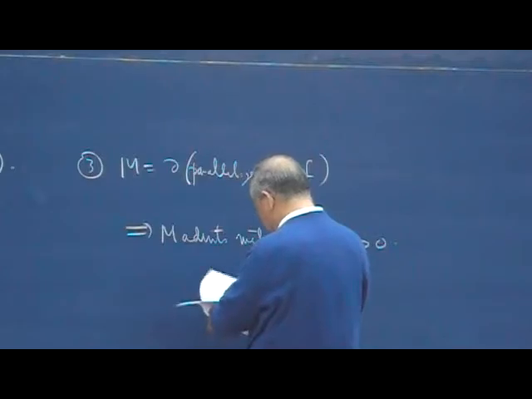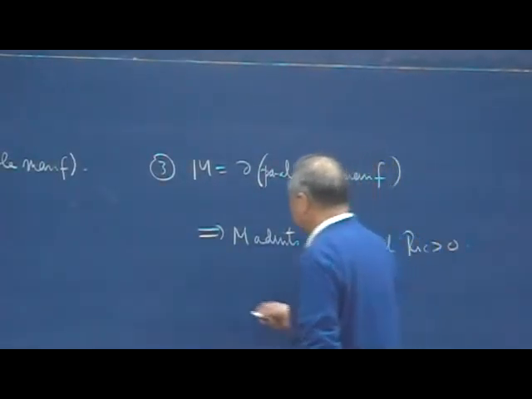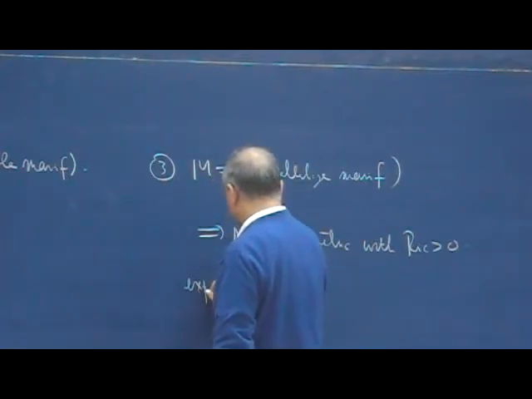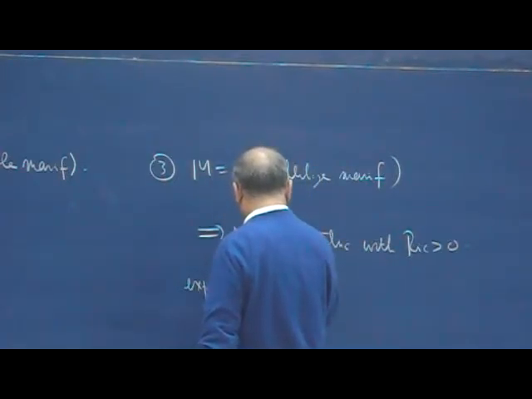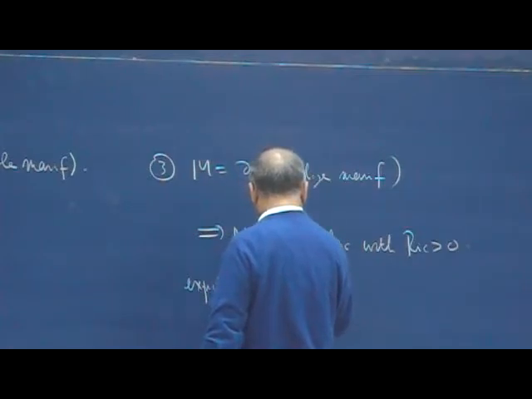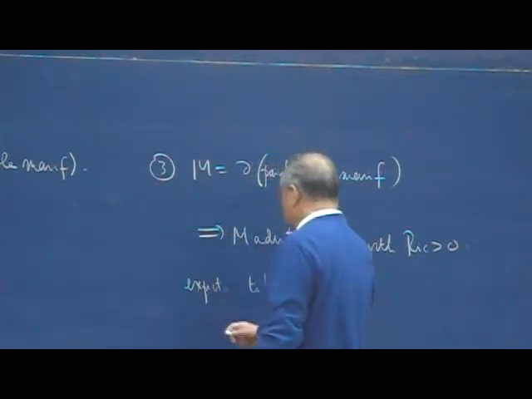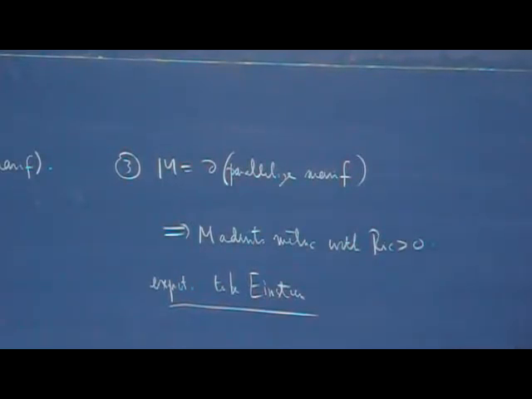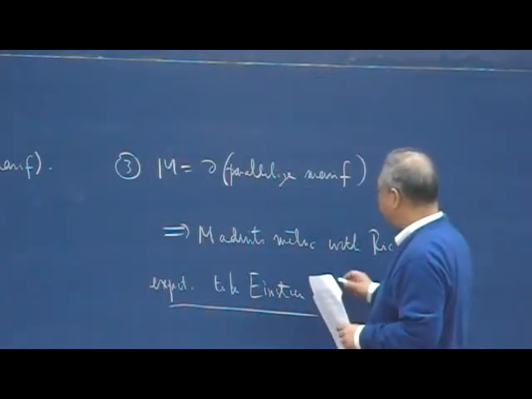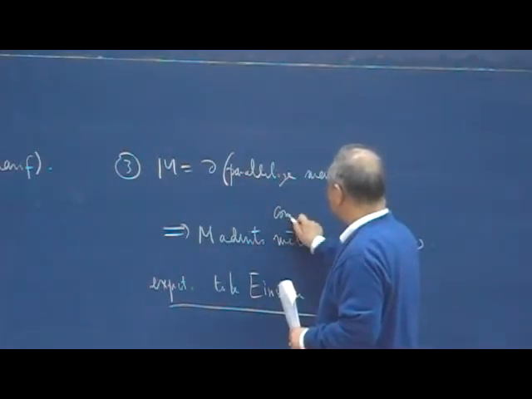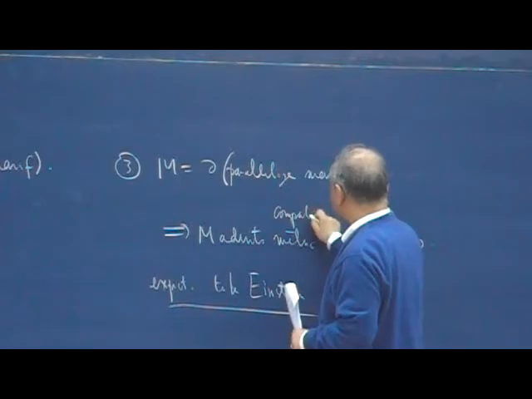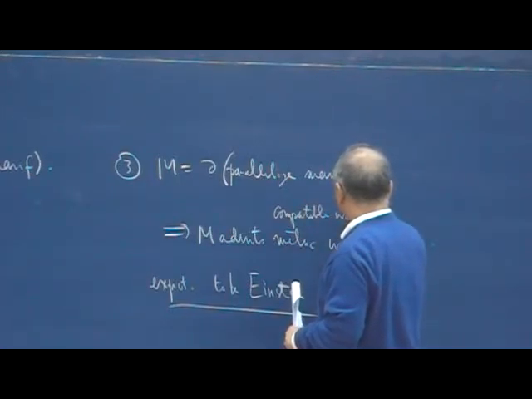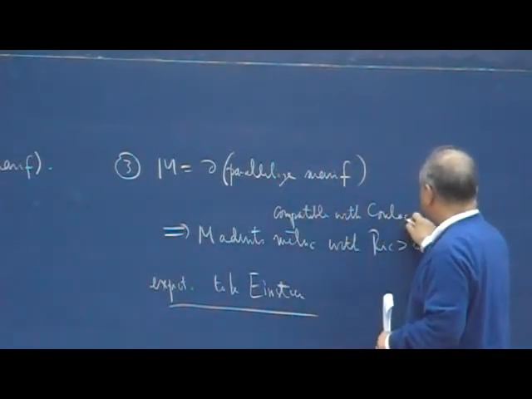There is some problem that we need to solve, but I think we should expect the answer. This metric has positive Ricci curvature, Einstein, and in fact they have some contact structure associated with it, compatible with the contact structure.